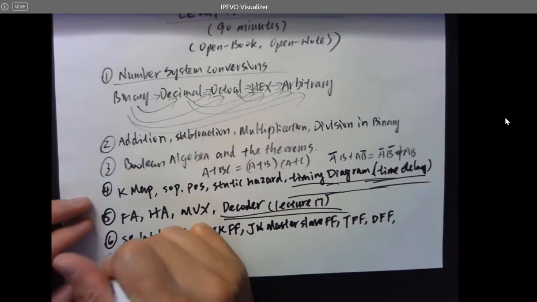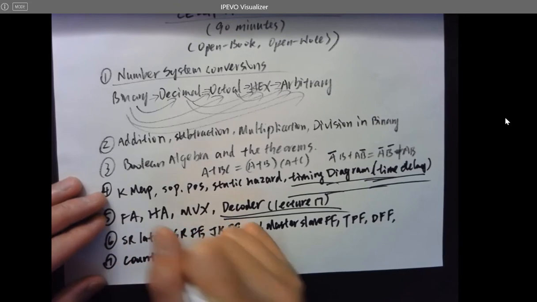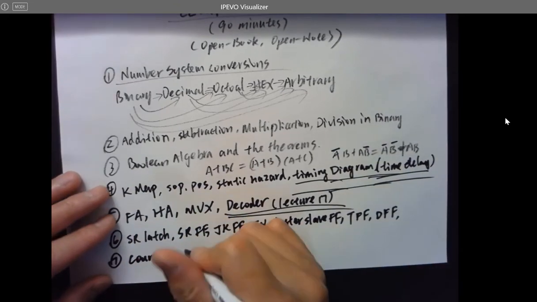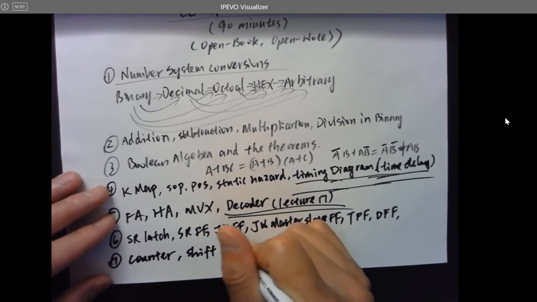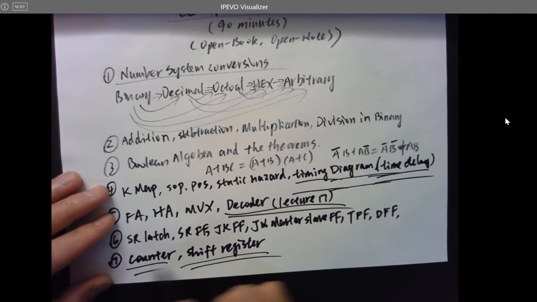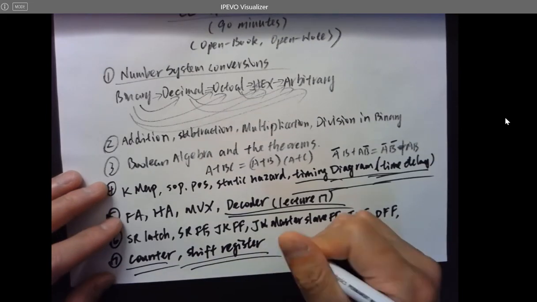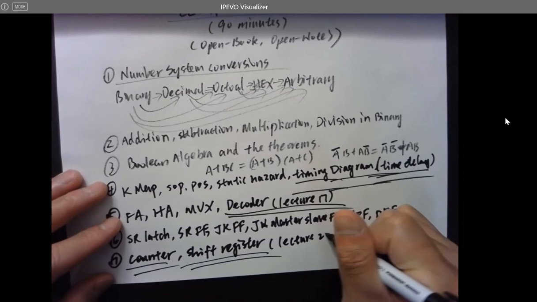And you also need to know the counter, how to build a counter, and shift register. Pay attention to this as well, and also counter. Shift register and counter are covered in lecture 22.